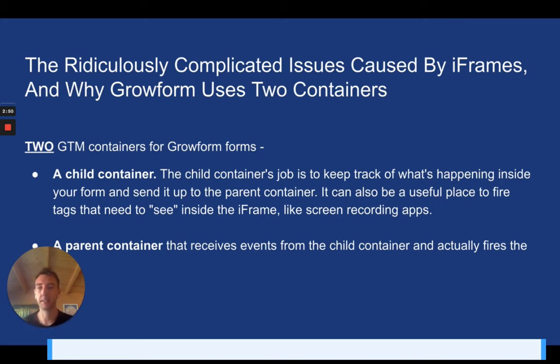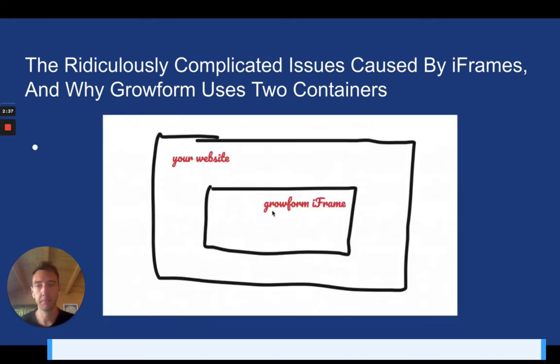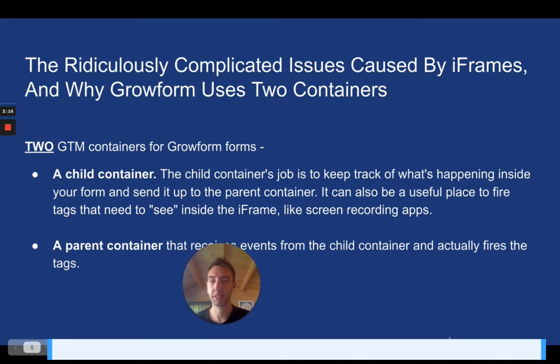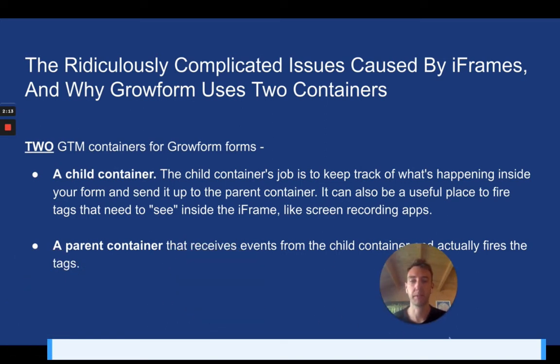So the child container can see everything that happens, every click, every mouse movement, and so on. So that's a place where you say, hey, we should do something when somebody clicks this button, because we can actually see what's going on there because that container is inside the iframe. Makes sense. But as we remember from a minute ago, we can't fire any tags inside the iframe and have anything useful happen. So what we do is we send the stuff that's happening, we tell the parent container about it, and then we actually fire the tag outside of a Growform iframe.